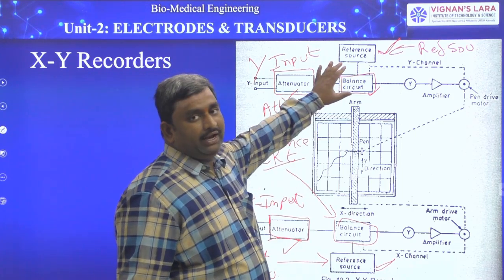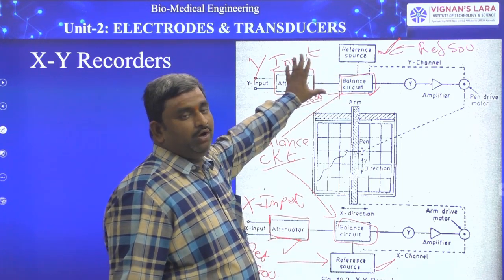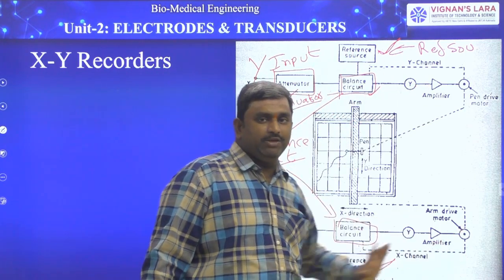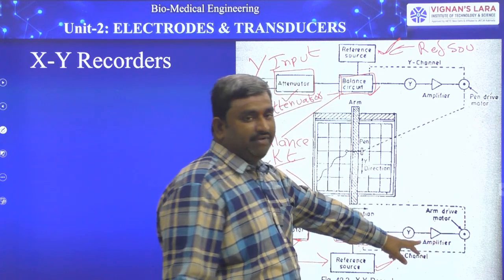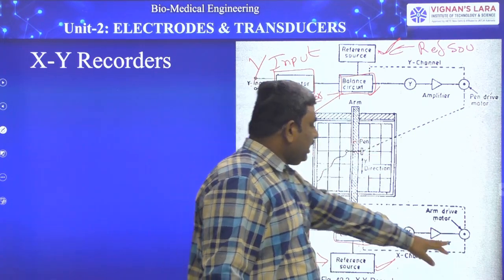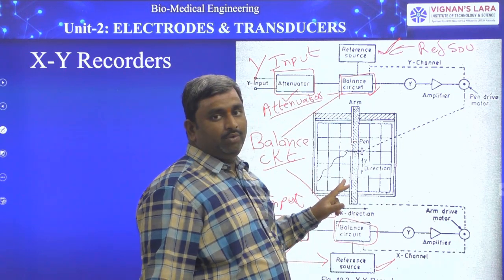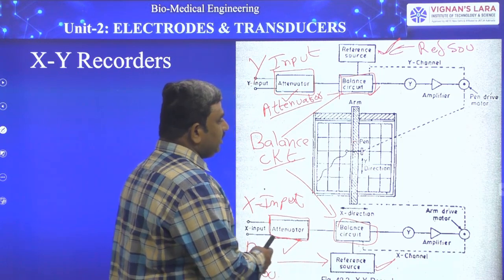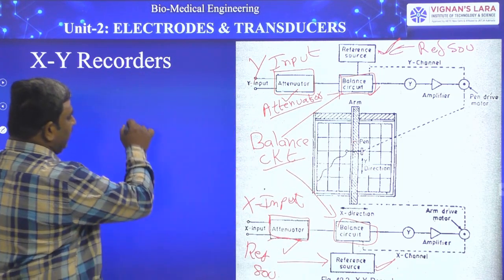Now here I have two types of amplifiers: the Y input amplifier and here the X input amplifier. Two input amplifiers are available. Now here one is the pen driving motor and the second one is the arm driving motor. Here see this one.